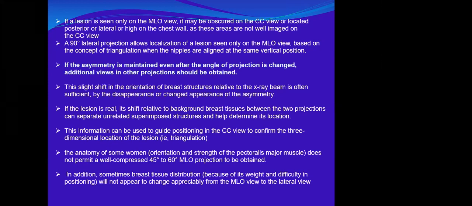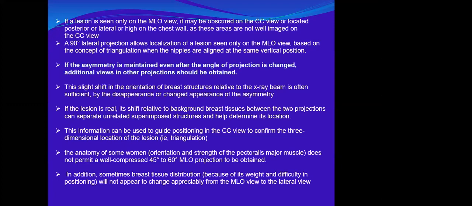Why? If the asymmetry disappears, that means it is just a summation of breast tissue, and if it persists, that means it is real. If the lesion is real, the shift relative to background breast tissue between the two projections can separate unrelated superimposed structures and help localization of that lesion.